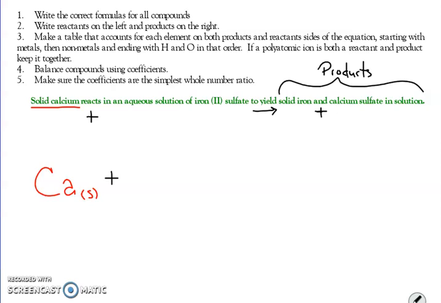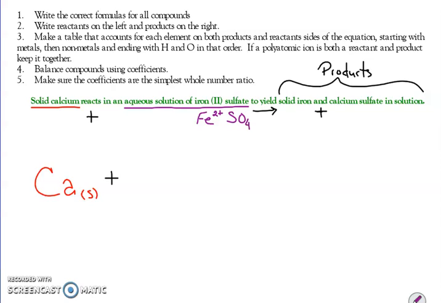Now I'm going to talk about reacts in an aqueous solution of iron II sulfate. Aqueous, understand that means AQ. Iron II, well, the Roman numeral 2 says we're working with the iron, and it is the +2 variety. Sulfate, from table E, you identify that from the polyatomic ion worksheet.